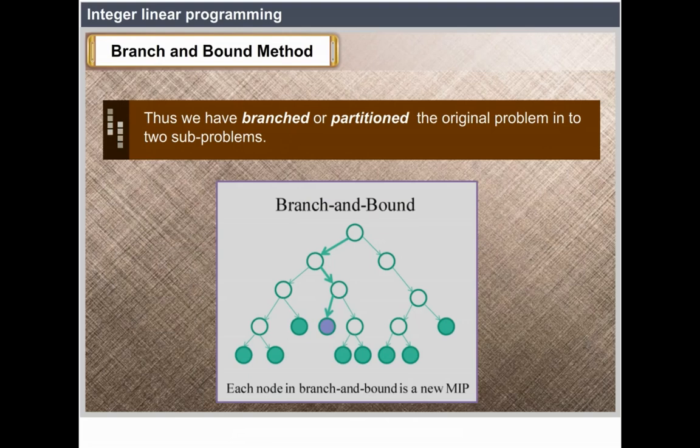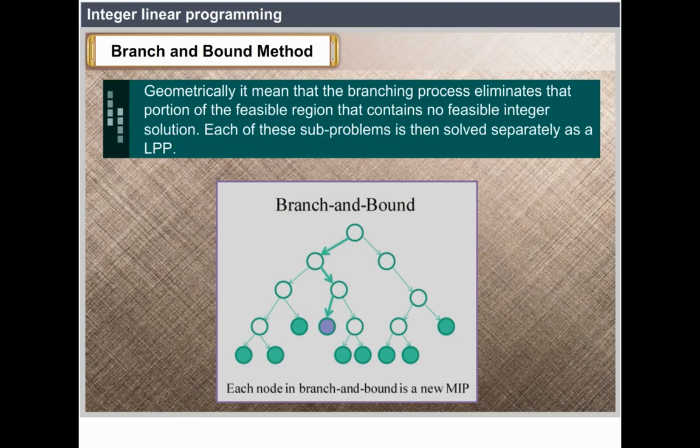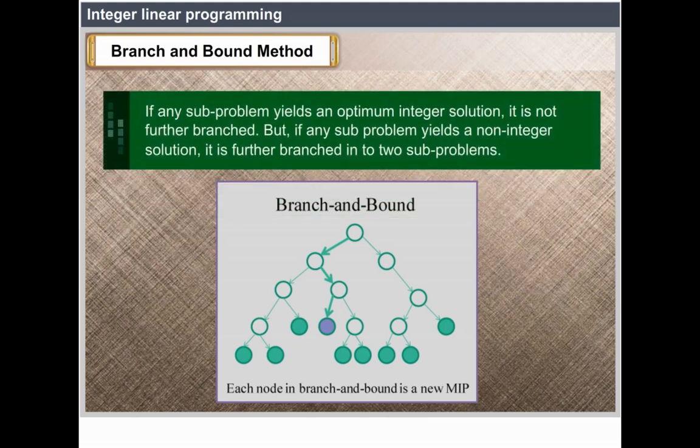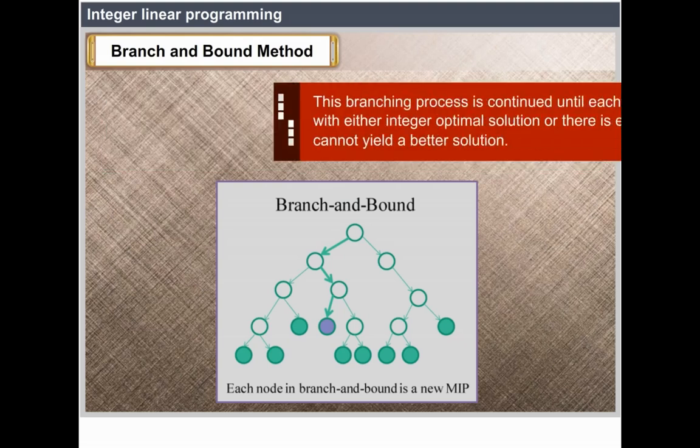Thus, we have branched or partitioned the original problem into two subproblems. Geometrically, it means that the branching process eliminates that portion of the feasible region that contains no feasible integer solution. Each of these subproblems is then solved graphically as an LPP. If any subproblem yields an optimum integer solution, it is not further branched, but if any subproblem yields a non-integer solution, it is further branched into two subproblems.